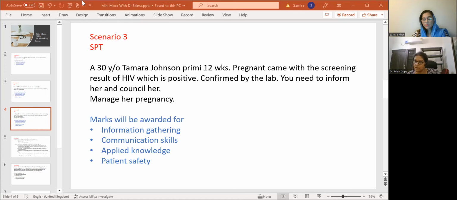If you do not start it, the chance is around 25 of 100, but if we do start it, it will reduce to 1 in 100. Am I clear so far? Okay. 1 in 100 chance. Yes. Even if there's 1 in 100, if it happened, the baby needs to be treated also.